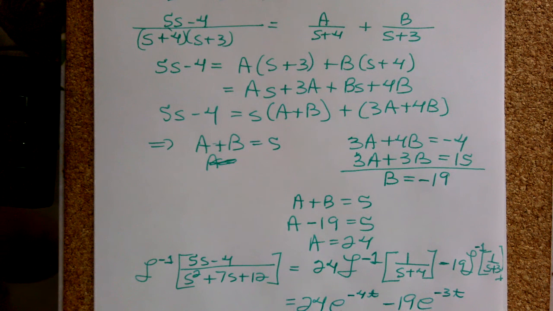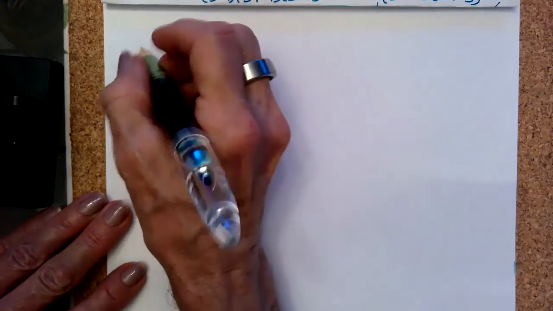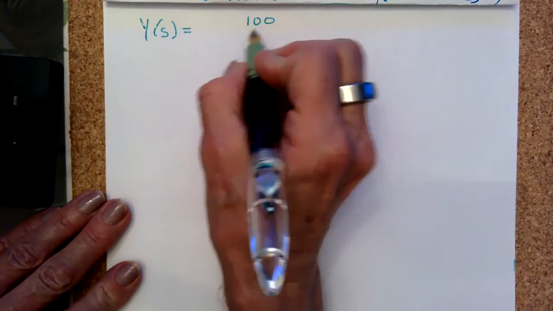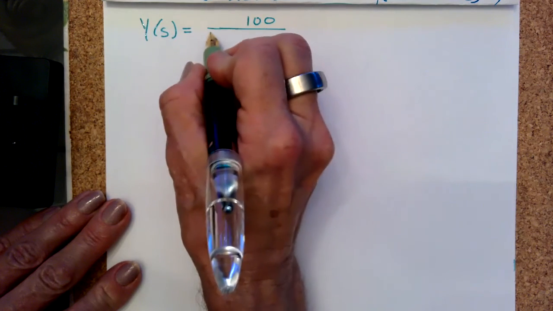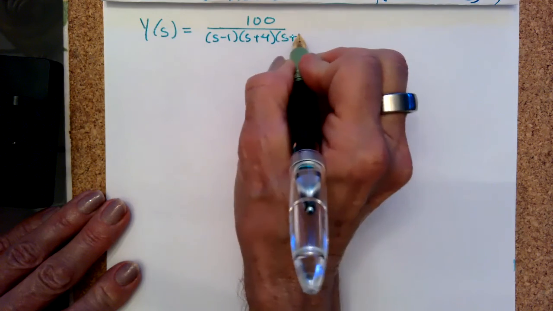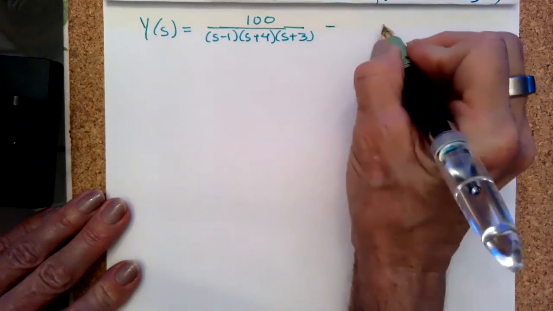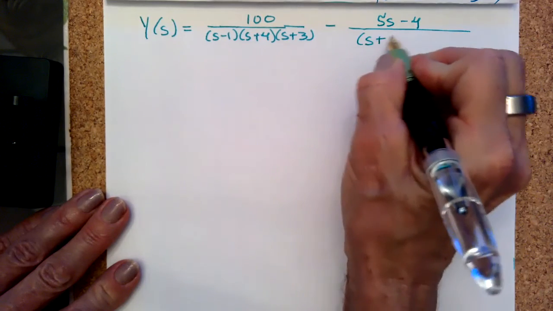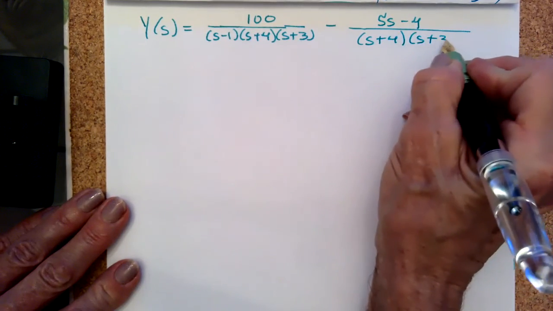Okay. So now we put all that together. We had from earlier Y of s is 100 over (s minus 1)(s plus 4)(s plus 3), minus (5s minus 4) over (s plus 4)(s plus 3).